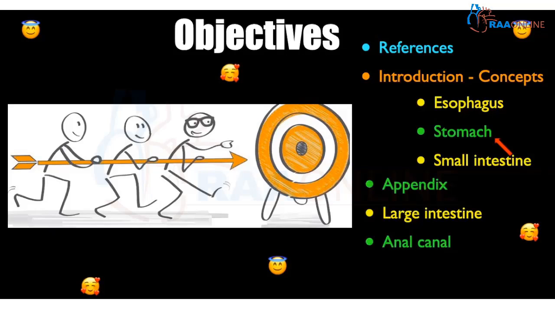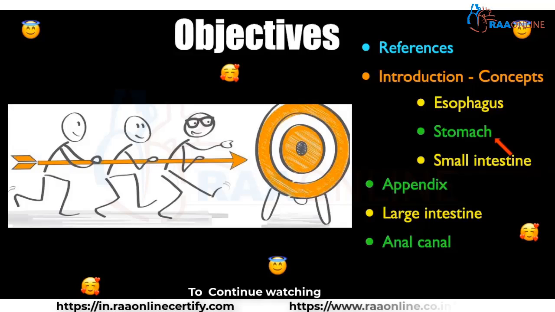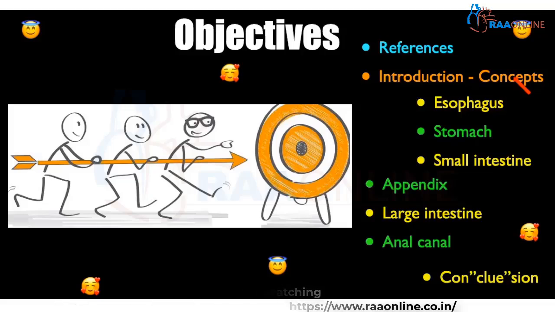Appendicular lesions we will be seeing. After that, large intestine and anal canal. So we will be covering each organ of the GI tract after knowing the basic concepts of how to interpret a lesion. Then, as usual, we will end it with a conclusion.